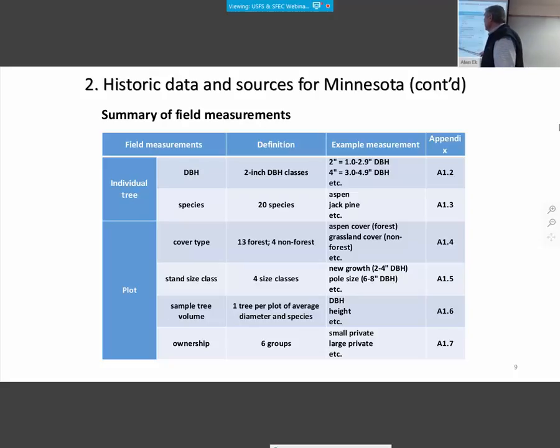They had a sample tree for volume on each plot. We had different ownership groups. We had 20 species and 13 cover types plus 4 non-forest cover types.